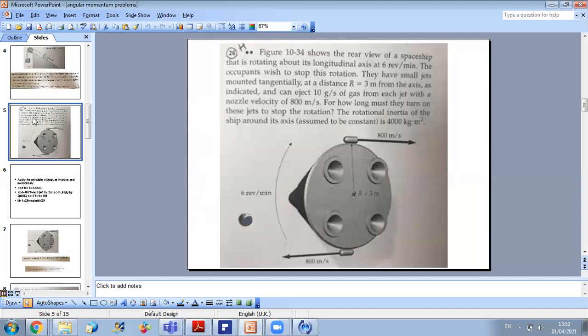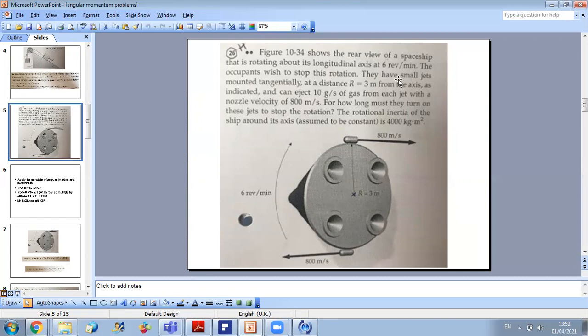Yeah, let us start another problem. The following figure shows a rear view of a spaceship that is rotating about its longitudinal axis at 6 revolutions per minute. The occupants wish to stop this rotation.